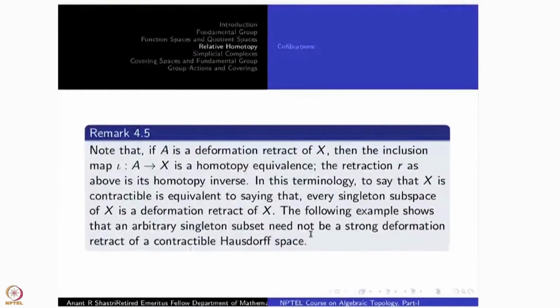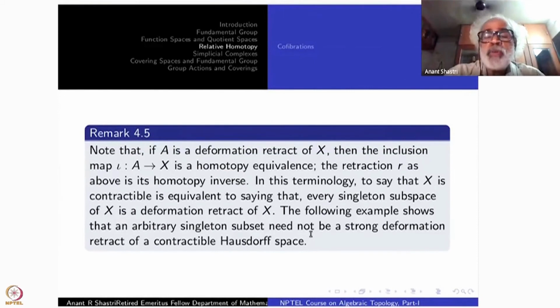Okay. Note that if A is a deformation retract of X, then the inclusion map is a homotopy equivalence. This I have already told you. The retraction R as above is its homotopy inverse. In this terminology, to say that X is contractible is equivalent to saying that every singleton subspace of X is a deformation retract.